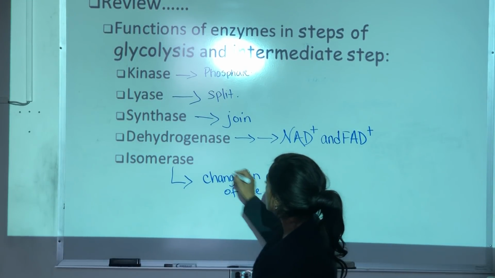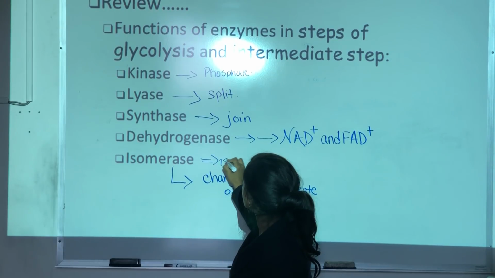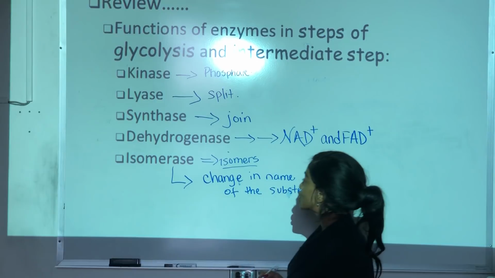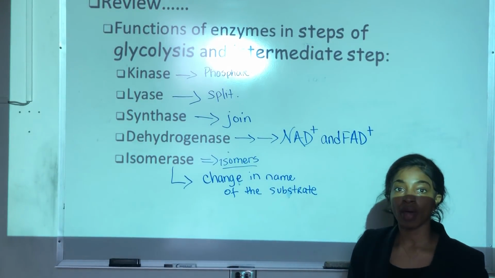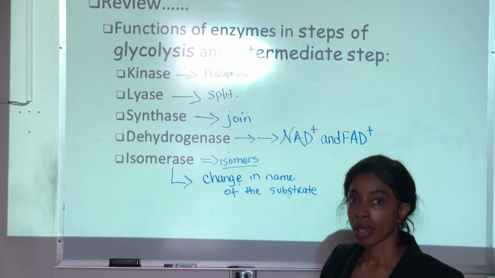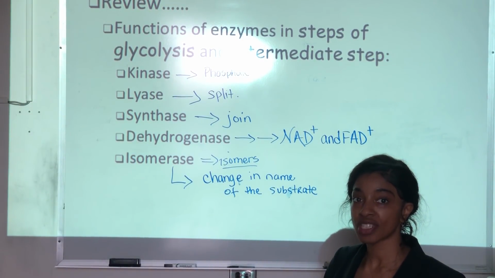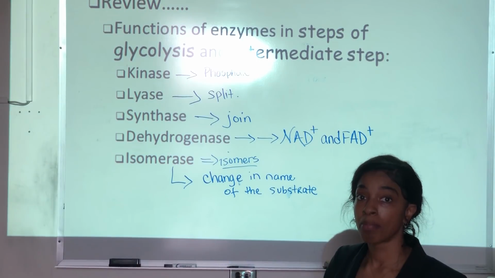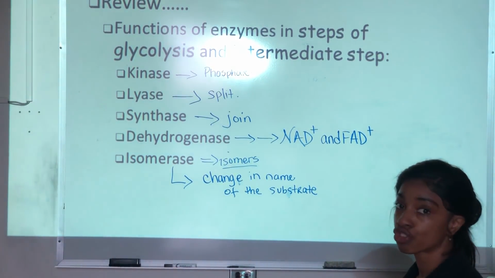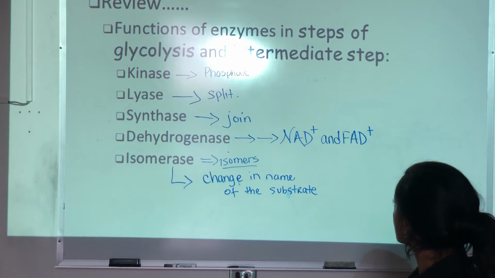And isomerases make your isomers. Right, so this term you would need to go over. Isomer means that they have the same chemical formula, same written formula, but they look different. Right? So visually, the structures are different.